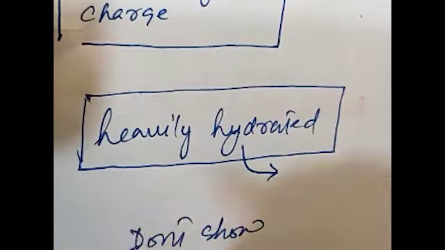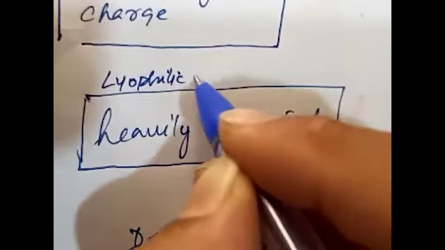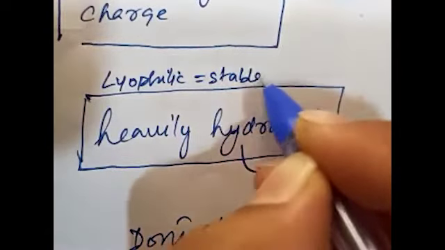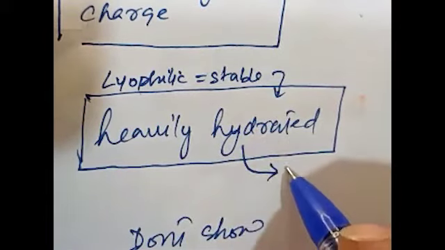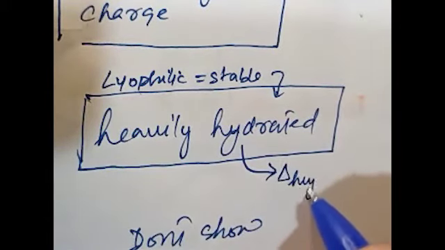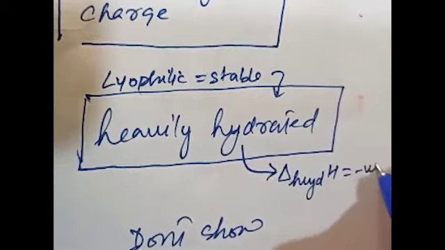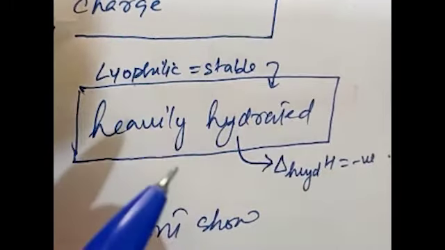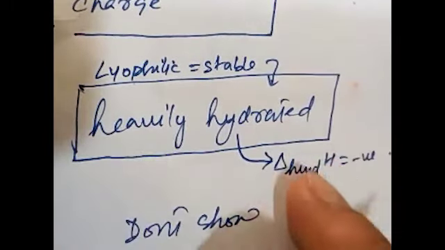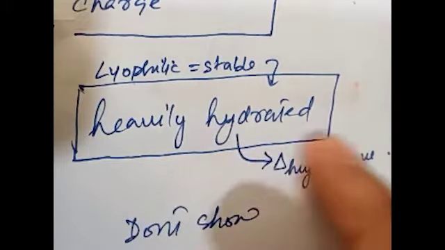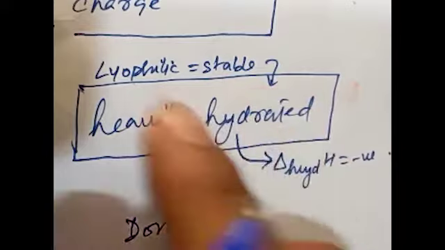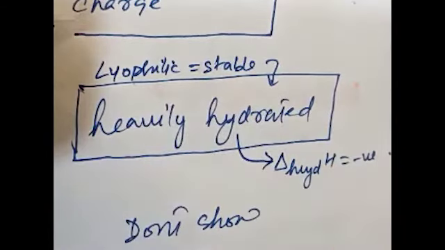Lyophilic colloids are stable, and the reason is hydration. When there is a lot of hydration, it releases hydration enthalpy, which is negative. Negative energy means exothermic. Because this energy is going out, it is making the compound highly stable. Fine. So that's all.